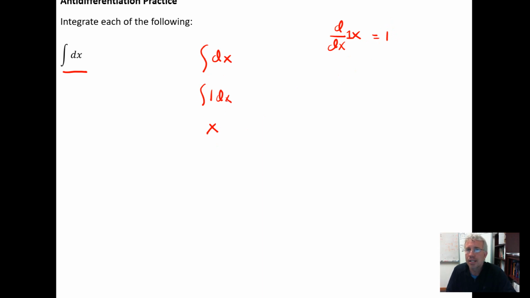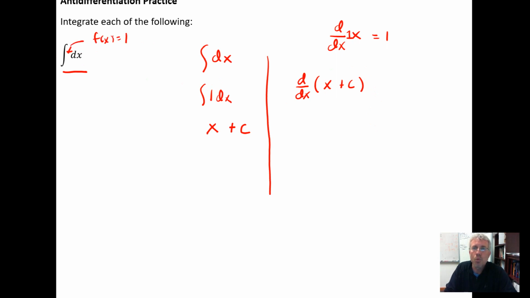So x is an antiderivative of 1 with respect to x, and then we have to add on plus our constant of integration. And of course your check on your work would be to take the derivative d/dx of x plus c, and make sure you get back a 1. So the original function in there is f of x equals 1.